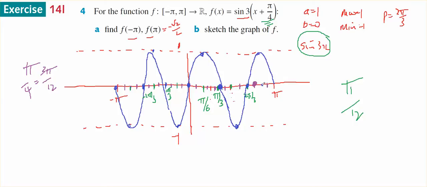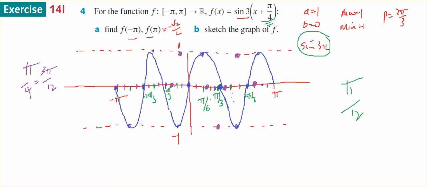That's there at that point there, so 1, 2, 3 goes to there. This point goes 1, 2, 3 to there.